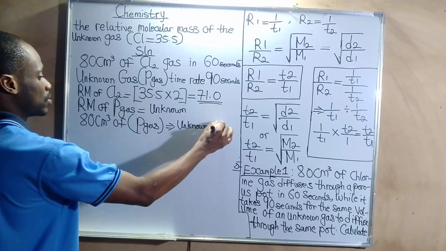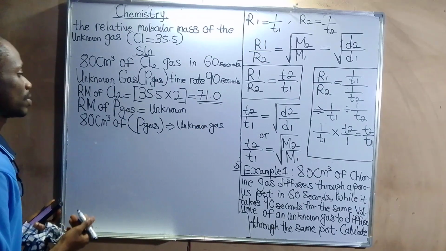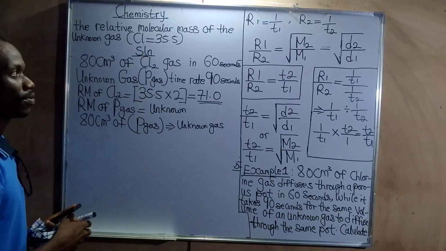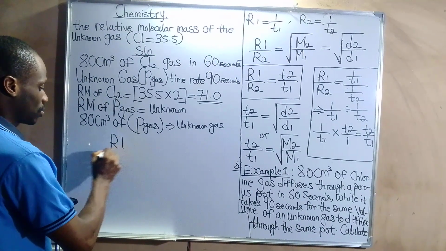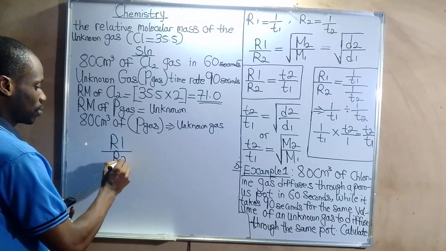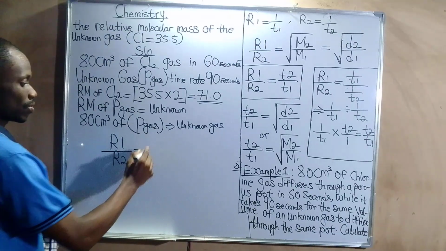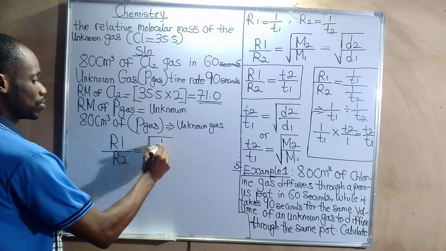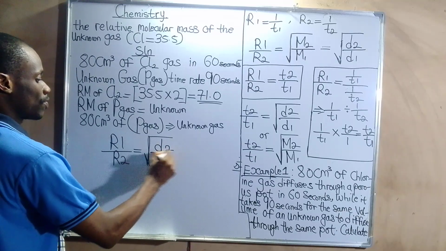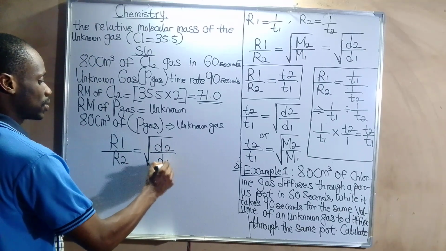Unknown gas. So now solving this, what was given? Remember your formula: R1 over R2 is equal to the square root of D2 over D1.